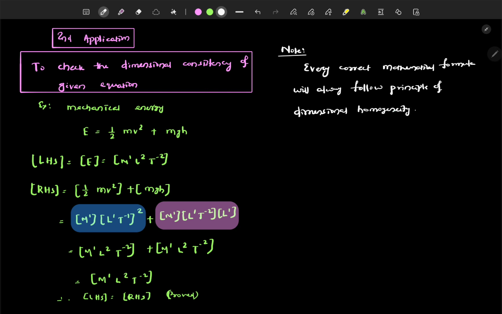This is true, but the inverse is not true.